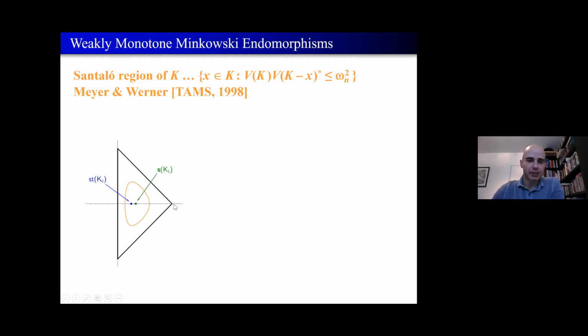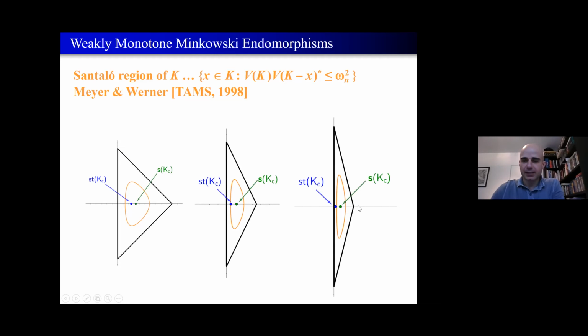And then what you do is you make this triangle a little bit flatter, in a sense. So you move the vertices in such a way that you keep volume 1. And then you notice that the Steiner point is leaving the Santaló region of K, while the Santaló point is, of course, staying right at the center of the Santaló region.